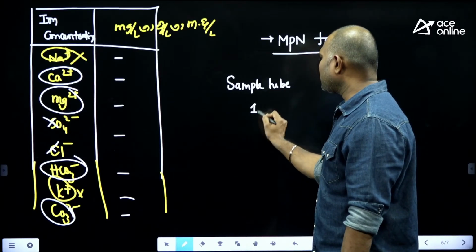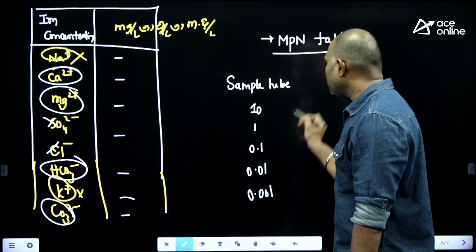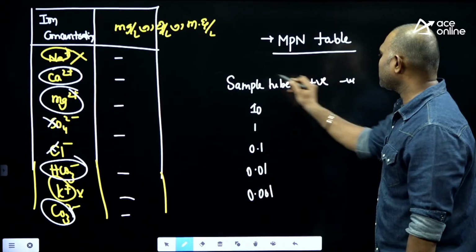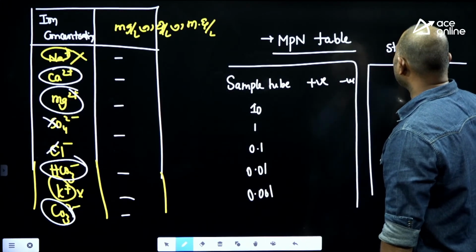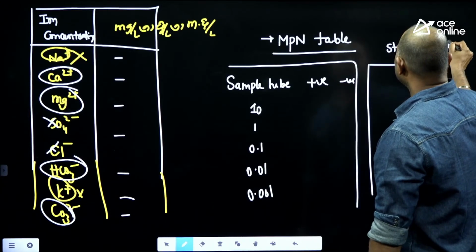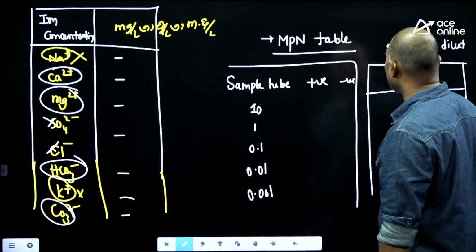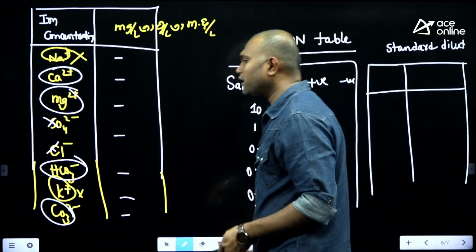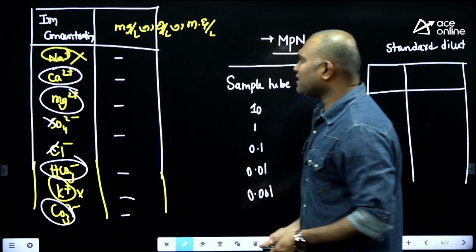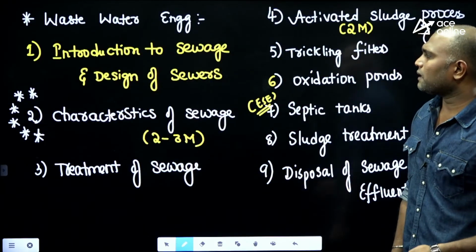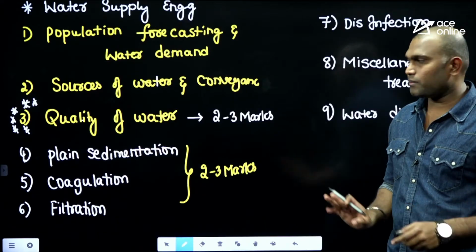They'll give you the positive test and the negative test, and based on the standard dilution tables, you get the positive combination. You are going to get more questions from this. These are the topics they cover more in chapter number 3, the quality of water. I am primarily focusing on the major topics.